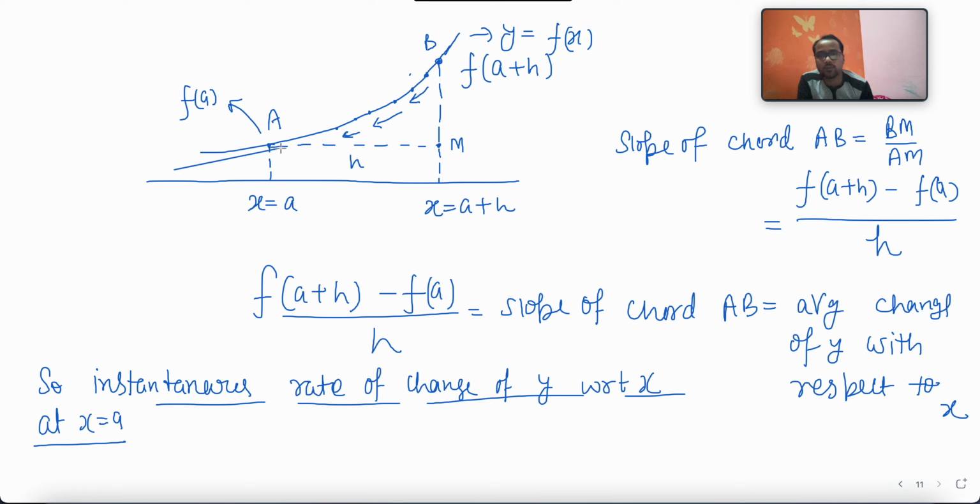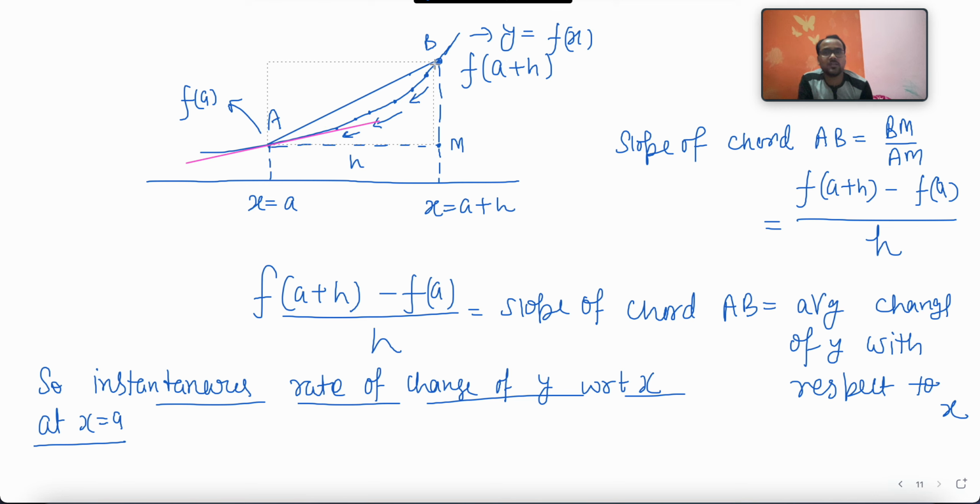You see, suppose this is the tangent at point A. So you can understand, if I move the point B towards A, this is AB chord, and if I move this point B towards A, the chord is approaching towards tangent.